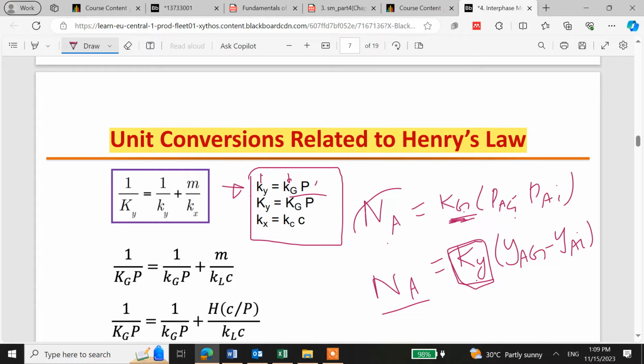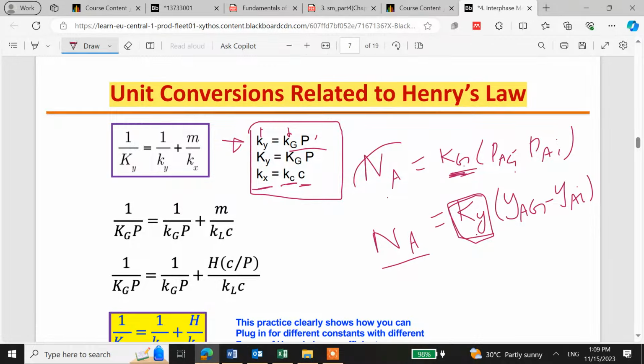And same for kx: you need to multiply with the concentration to get kc. Flux in terms of kc will be concentration difference, CA bulk minus CAI.